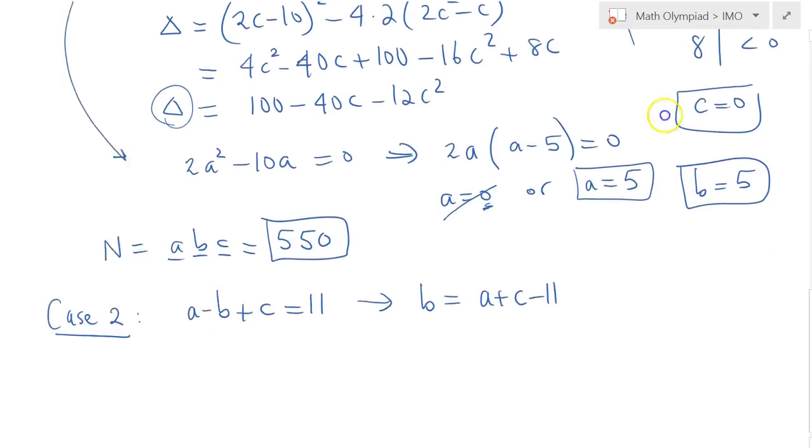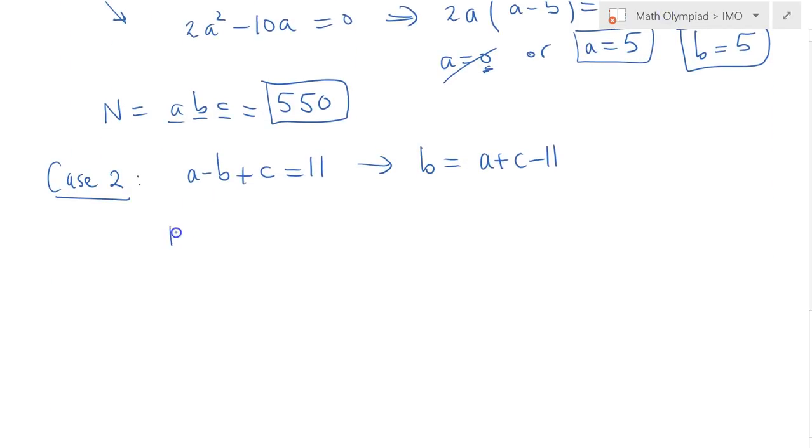So let's write that. So we have 11 times 9a plus b, I should say, plus, remember, I have an a minus b plus c term, but remember a minus b plus c is just 11. So that should be equal to 11 times a squared plus b squared plus c squared.